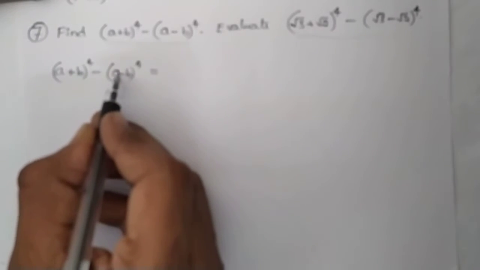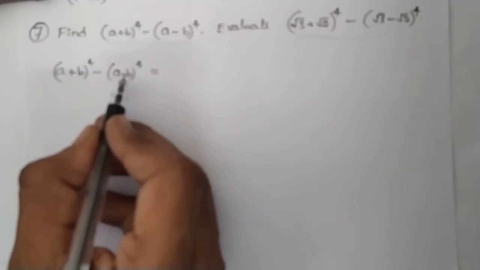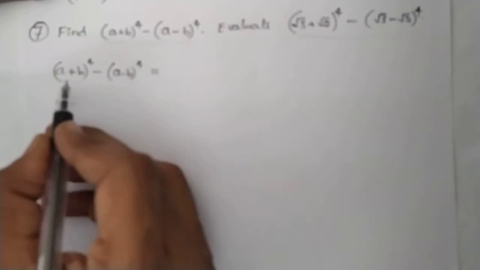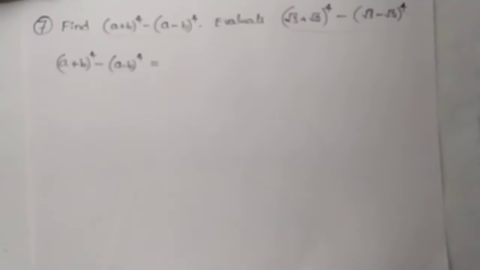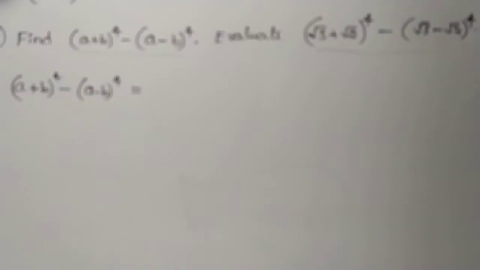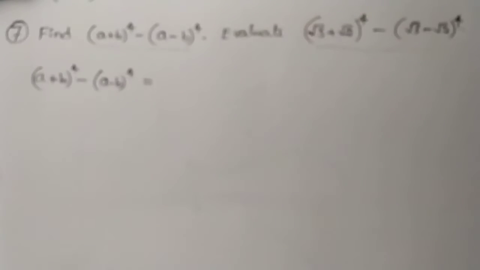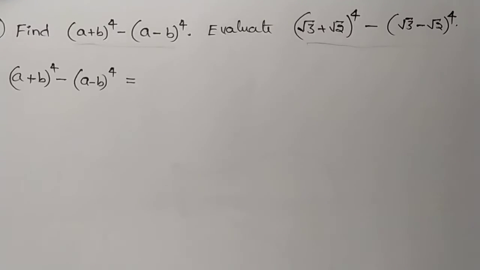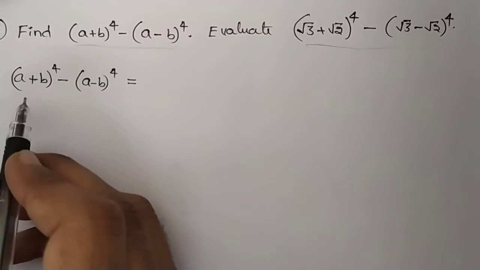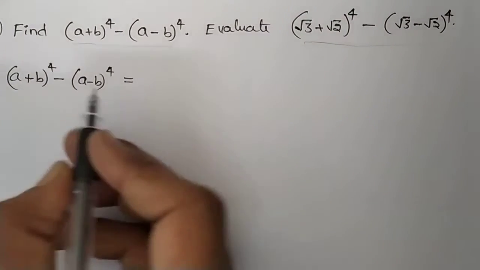Minus one more expansion we have, (a - b)^4. First let us expand (a + b)^4.